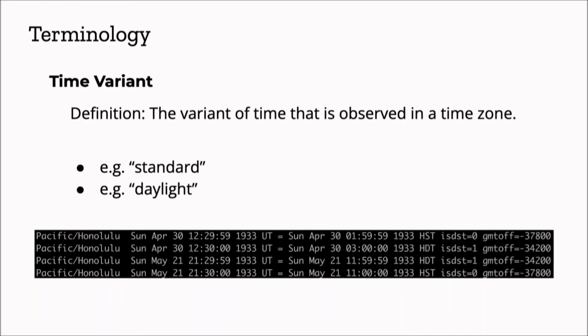And three weeks later, on May 21st, 1933, they were like, we're Hawaii, we get enough sunshine, and daylight savings time isn't for us. We don't need to save any daylight. But when you are doing time zone formatting and you are formatting a date in those three weeks, you better display daylight savings time for Hawaii.